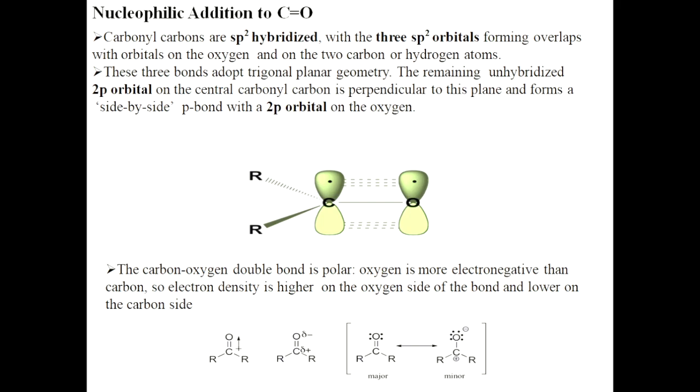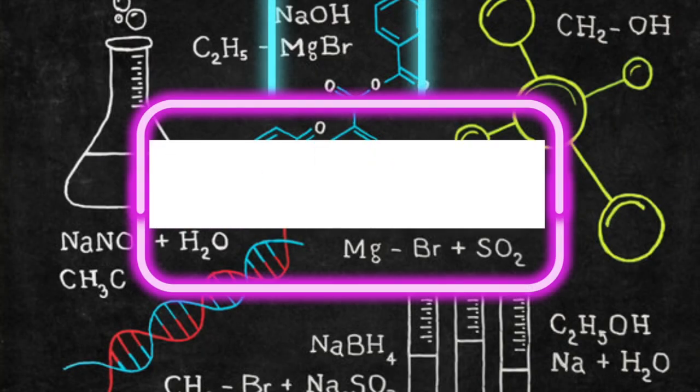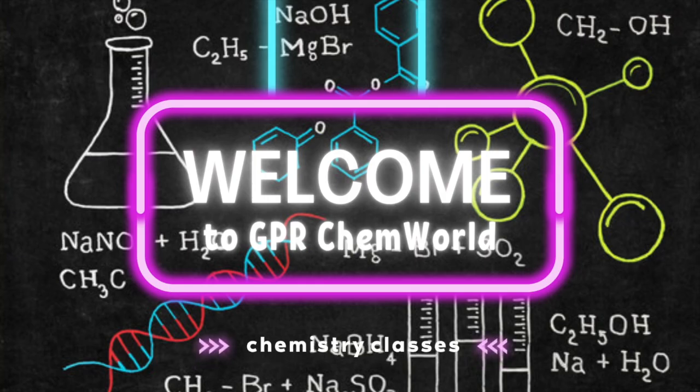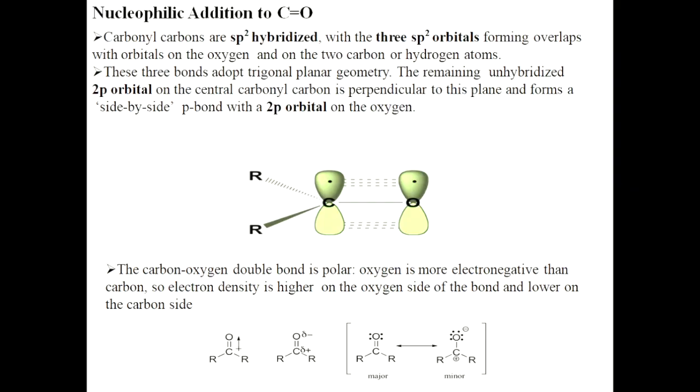How this C double bond O will be attacked by a nucleophile and how the nucleophilic addition reaction takes place at this carbon oxygen double bond. So we know very well that the carbonyl carbon has sp2 hybridization, with the 3 sp2 orbitals forming overlap with an orbital of the oxygen and with the 2 carbon or hydrogen atoms.